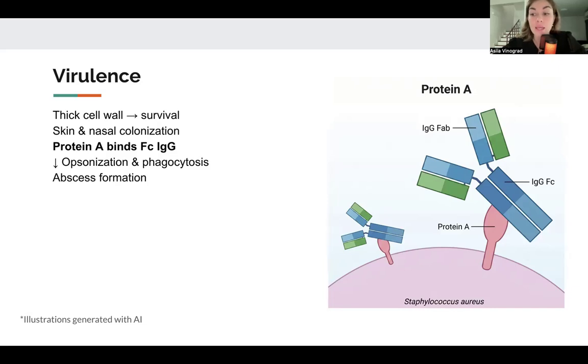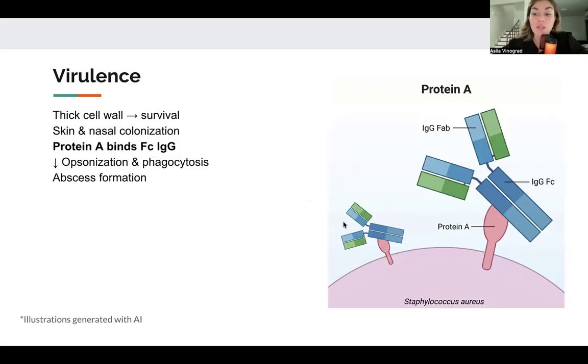When protein A grabs onto it, two things stop working: complement activation and phagocytosis. Phagocytosis is basically when immune cells, neutrophils, macrophages eat and destroy bacteria. Protein A blocks that, so the bacteria becomes invisible to the immune system and survives.